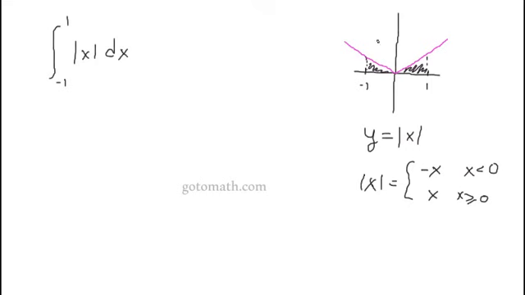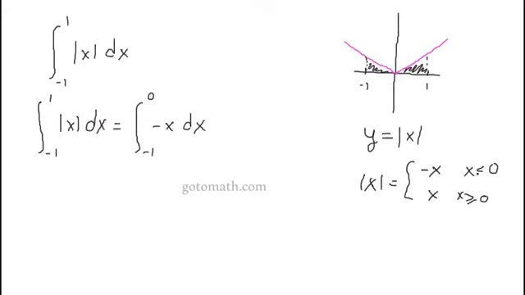This piecewise function defines this absolute value of x on our graph. And this is what we're going to be using, this part here. I think I'll just rewrite this. The integral from -1 to 1 of the absolute value of x dx is equal to the integral from -1 to 0 of -x dx.